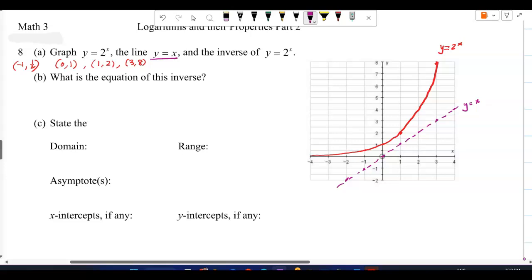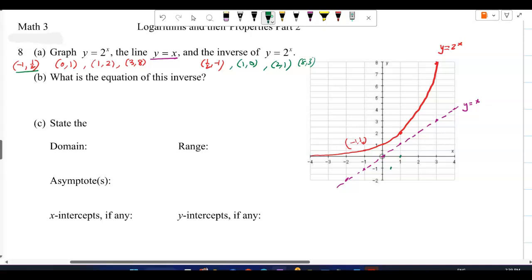So when I'm drawing the inverse of this, see which points I had. You remember the point -1, half? You just flip the x and y, so -1, half will become half, -1. Then 1, 0.